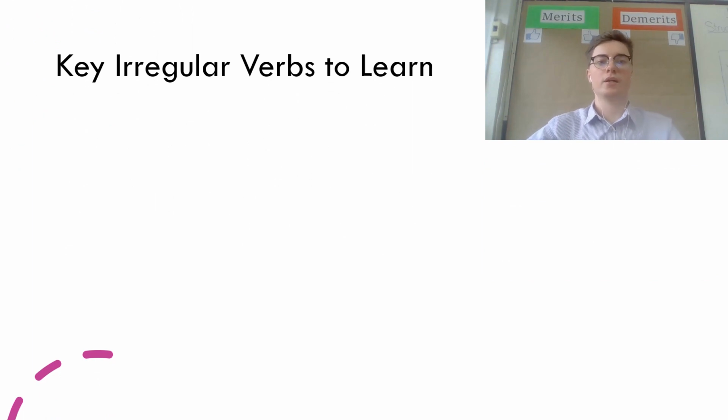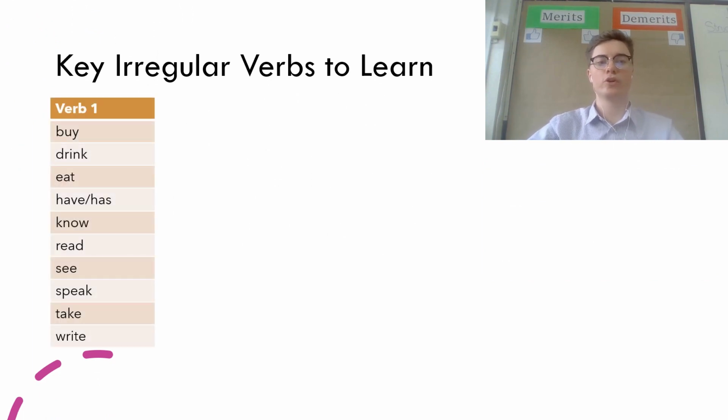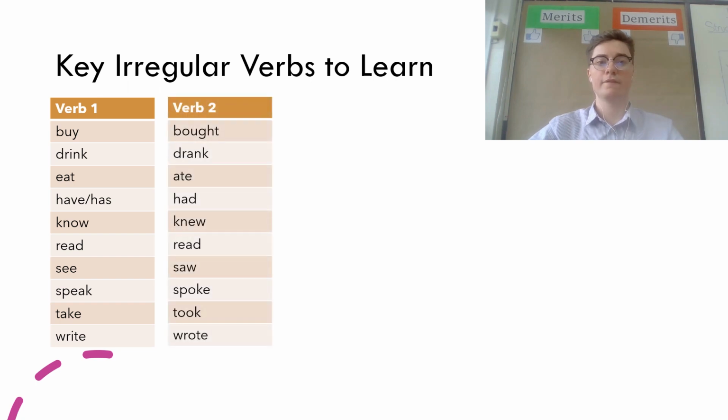So here are 10 common verbs. Buy, drink, eat, have or has, know, read, see, speak, take, and write. Here are the verb 2 forms of those words. So we would use these for the past simple tense.